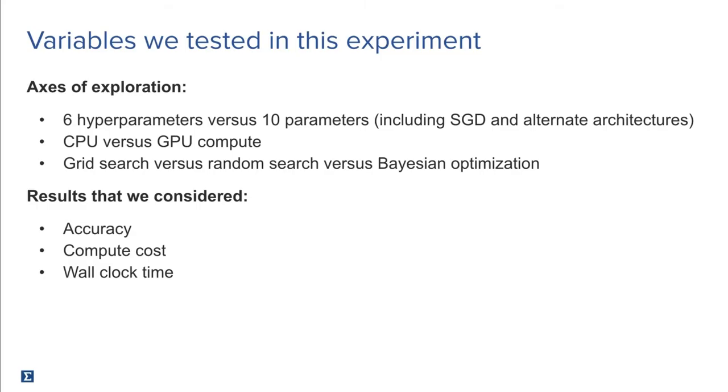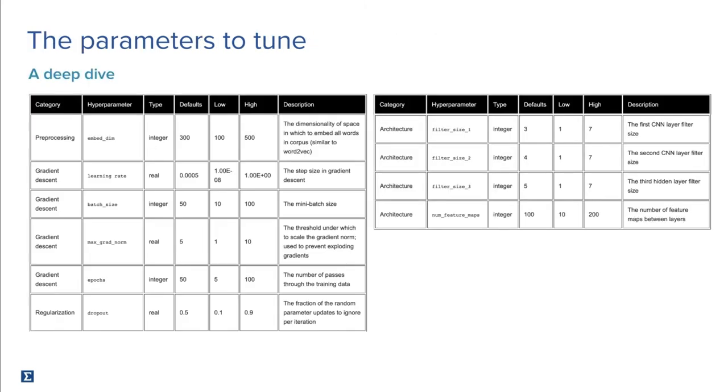So this is a relatively straightforward problem that we go into much more detail in the blog post on. But basically, we take a simple natural language processing problem of classifying sentiment of movie reviews. We tune various hyperparameters and architecture parameters, both the classic ones around learning rate or gradient descent hyperparameters, classic architecture parameters for a convolutional neural network.